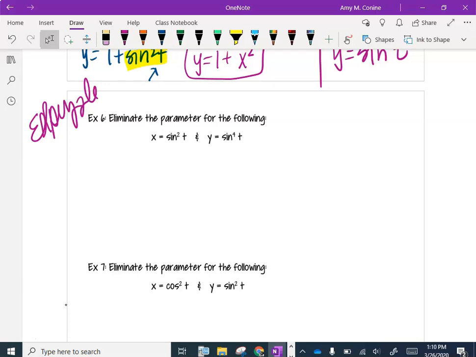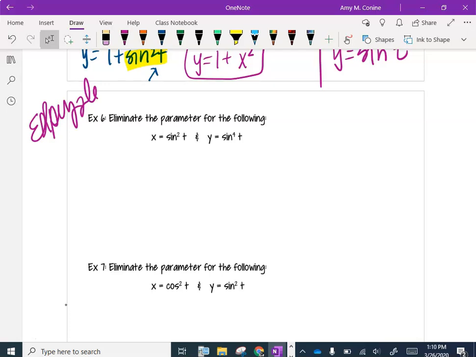So example 6, we have x equals sine squared and y equals sine to the fourth. So I need to look at where I want to substitute. What do I want to substitute for?